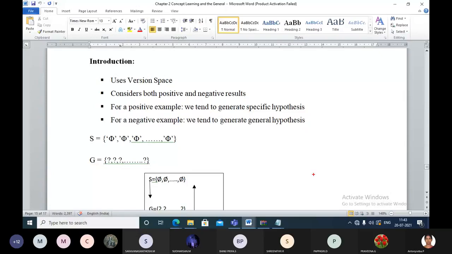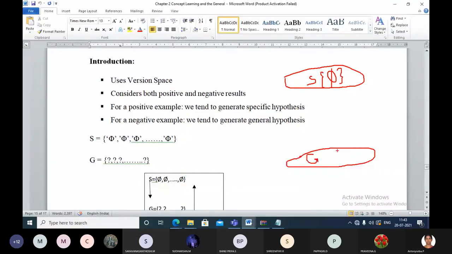You have a specific hypothesis where you use the phi symbol, and a general hypothesis where you use a question mark. They have introduced a version space in between the general boundary and the specific boundary.